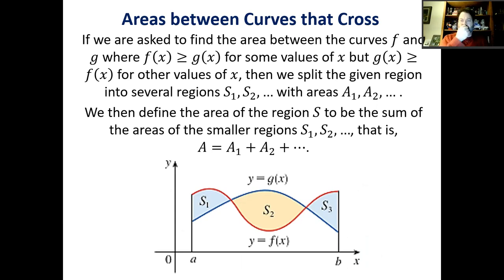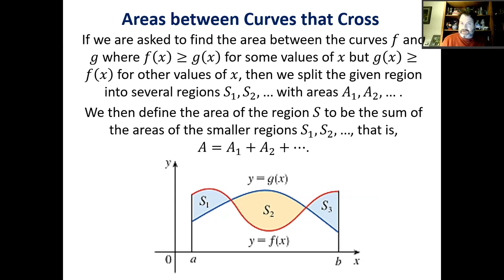The way that I put it in the notes is you're asked to find the area between the curves f and g, where f of x is greater than or equal to g of x for some values of x, but g of x is greater than f of x for other values of x. Wherever it crosses, you have to split the integral into multiple regions. Each region will have its own area, and then we're going to define the area of the region S. So the overall area between the curves is the sum of the individual areas.